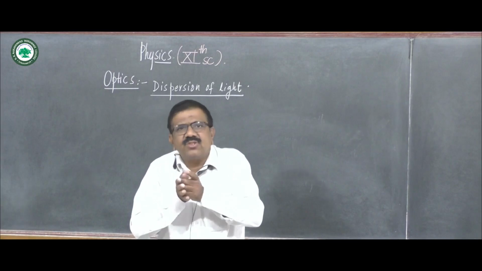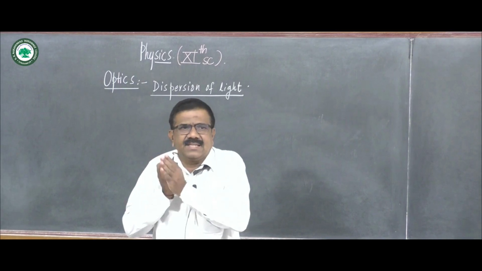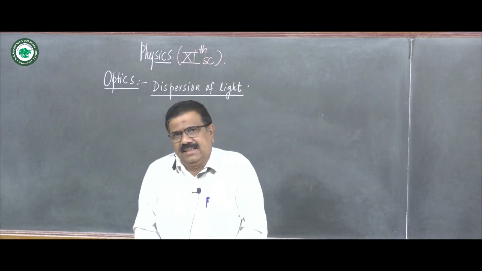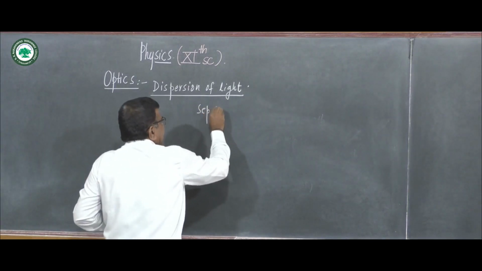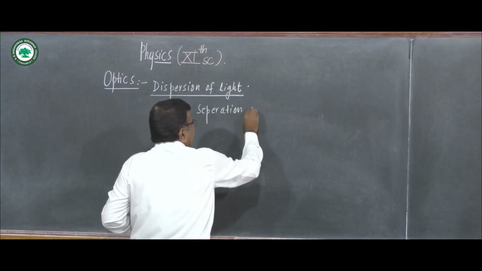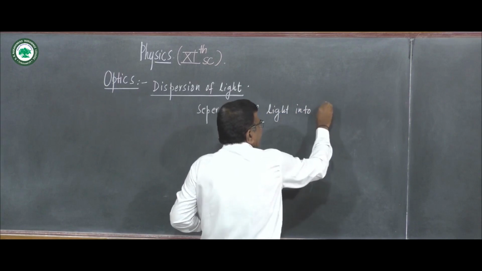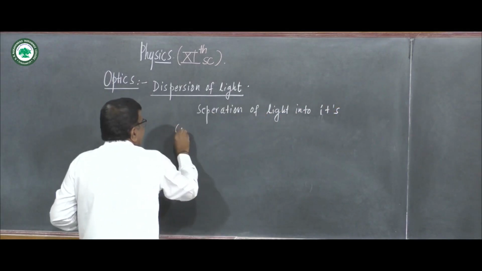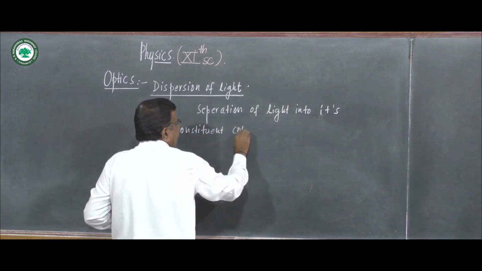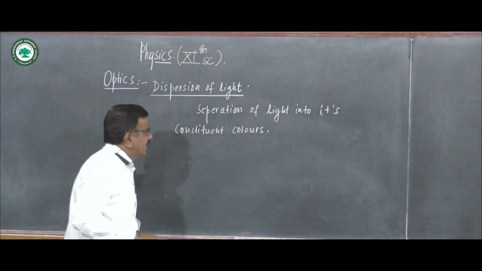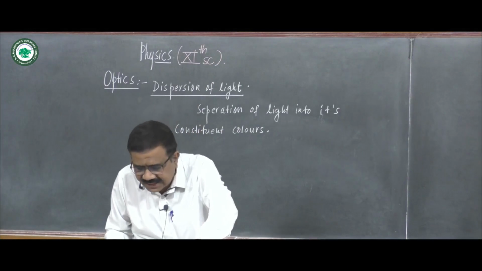If such light is passed through a transparent material, it gets split up into 7 colors or its constituent colors. And this separation of light into its constituent colors is called dispersion of light. Very simple definition.